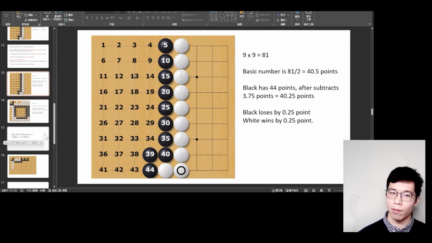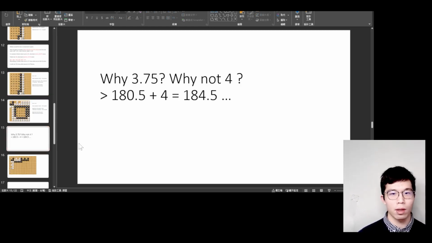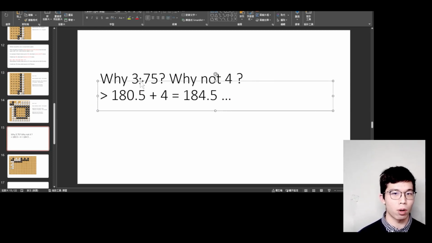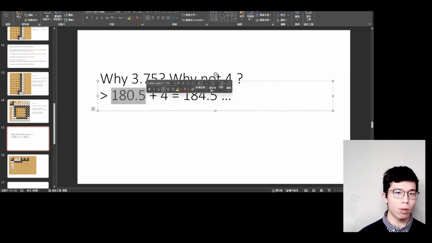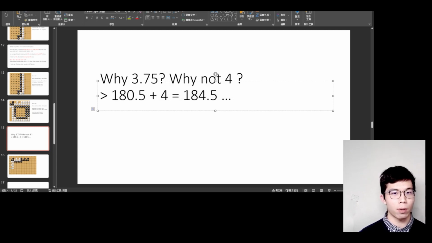But now let's think a bit. Why is the Komi 3.75 points, not 4 points? Let's think, because if the Komi is 4, then 180.5 plus 4 will be 184.5. So the result is the same.